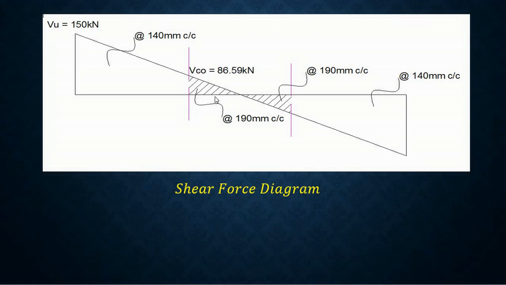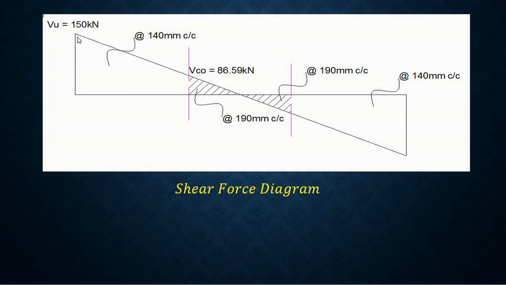For example, the complete length of the span is considered as L. From here to here, that is exactly at the center, the length will be L by 2.